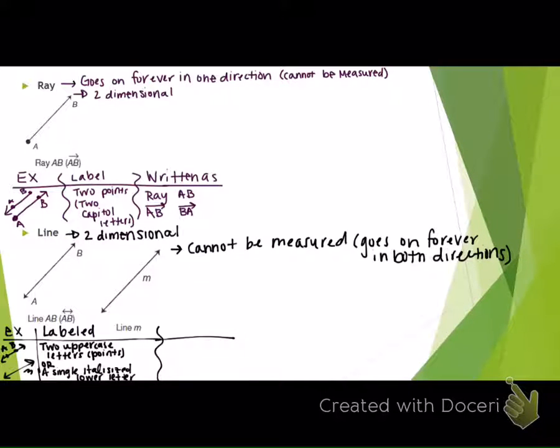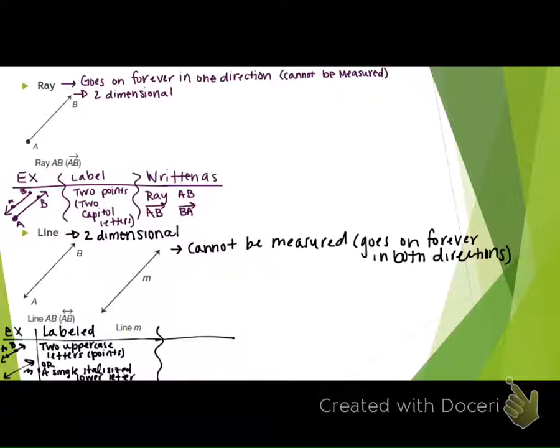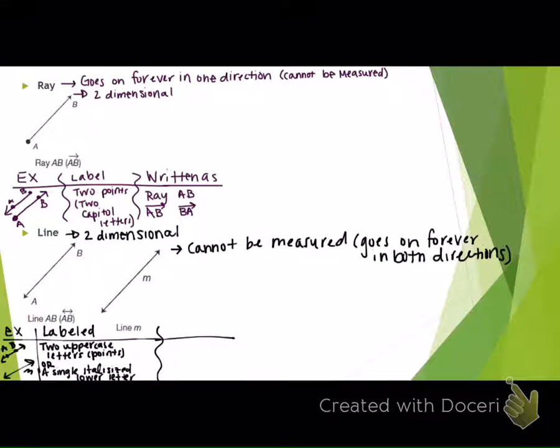So it can be labeled with 2 uppercase letters, which are points, or a single lowercase italicized letter. This cannot be used for rays. This cannot be used for line segments. Only lines allow for you to have this or option.